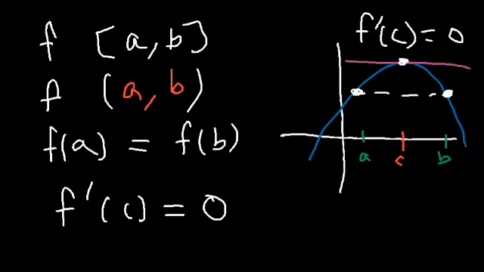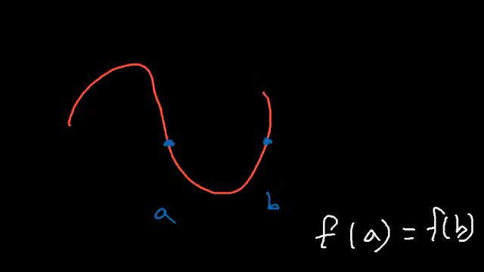And that makes sense. Let's say we have another shape, for example, a curve that looks like this. And let's say this is point A and this is point B. So f of A is equal to f of B. And let's say this is a closed interval.